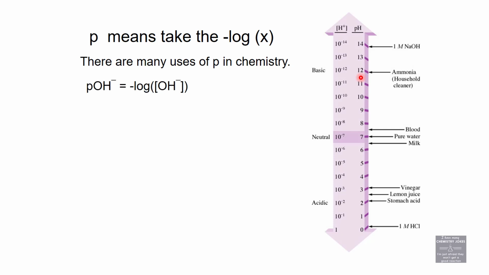Yeah, we can talk about pOH, because pH and pOH have to change in tandem. H and OH have to change in tandem. If the pH of something is 7, it means the pOH is also 7, because, I didn't really plan to go here, but it's just coming out. We could do the pKW, that means negative log of 1 times 10 to the negative 14.